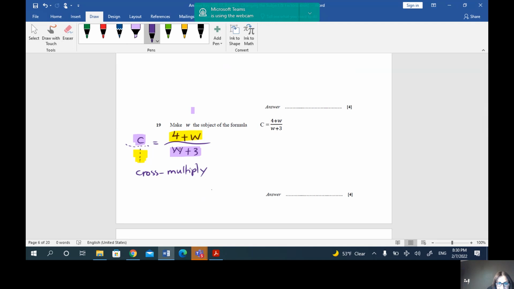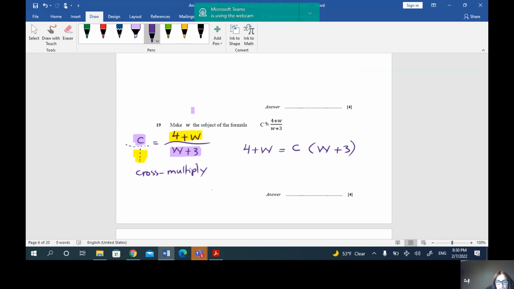Let's apply this. So it will be 1 times 4 plus W. Anything multiplied by 1 is going to stay the same, right? So it will be 4 plus W is equal to C times W plus 3. And remember, W plus 3 is an expression, so it must be placed inside a bracket.